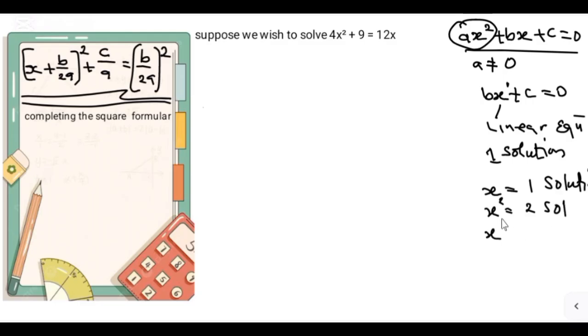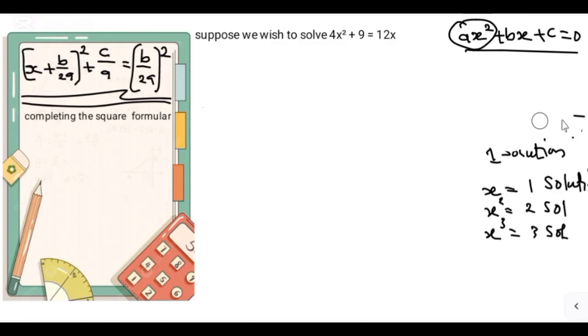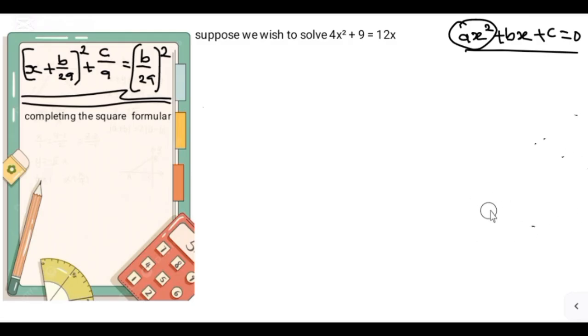If the highest power is 3, you have 3 solutions. So you can bear this in mind as we proceed. Now because the highest power of this is 2, we're going to have 2 solutions for this very problem. Now let's see how we can use this to explain that formula and see if that formula is capable of giving us results. Let's try.